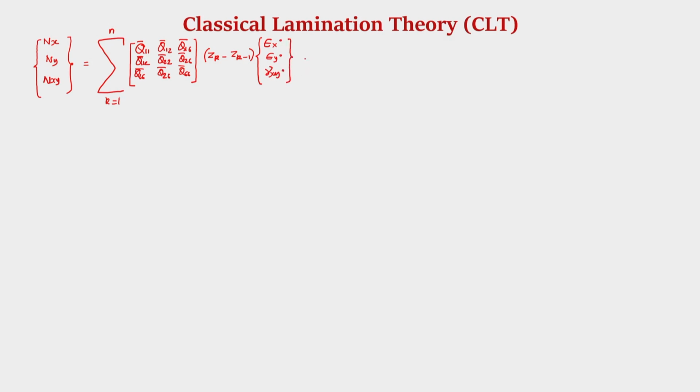Similarly, we could also do the integration of the second part, and integration z dz is nothing but z k square minus z k minus 1 square by 2. So, we are taking this half out. This is k going from 1 to n.